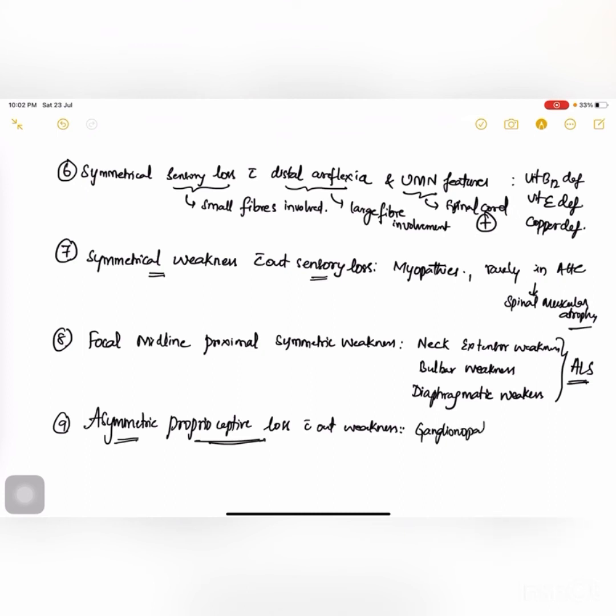In ganglionopathy, we see this type of pattern, that is asymmetrical proprioceptive loss without weakness. It is seen when the posterior root ganglion gets involved, and is most commonly seen in Sjogren's syndrome and paraneoplastic syndromes.